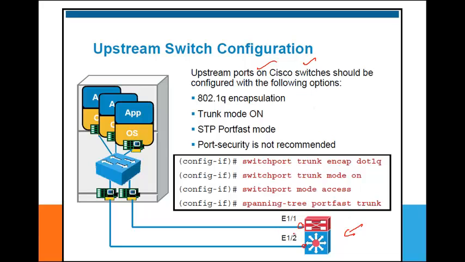So how will we configure it here? We'll enable trunking. First we say which trunking protocol: .1Q or ISL. .1Q is what we see now; there is no ISL, ISL is removed. We need to turn on the trunk and we need to set the mode.